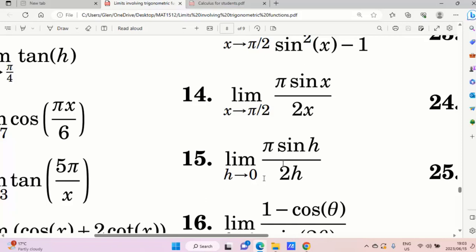Lerato, what did you get? 1/2. Lerato, I'm battling to hear you. 1/2. Yes, which is a half. Okay. Ndumizo, what did you get? I got pi over 2.